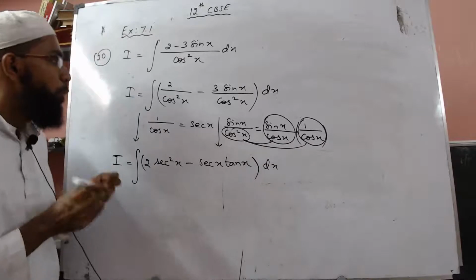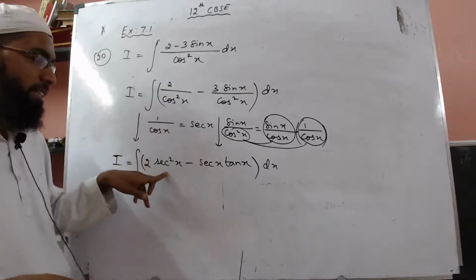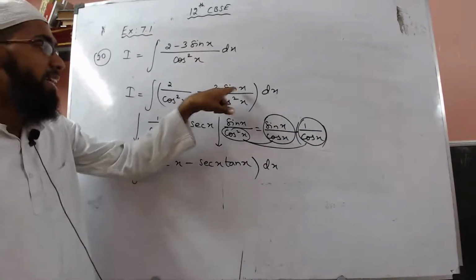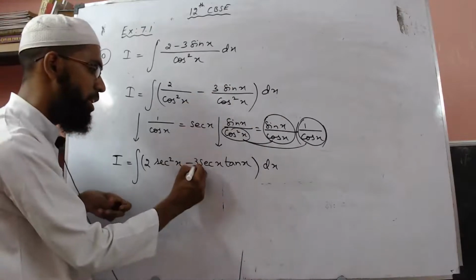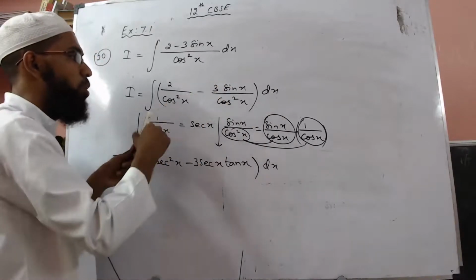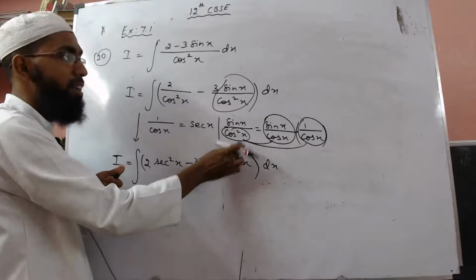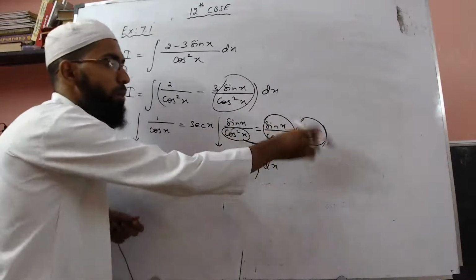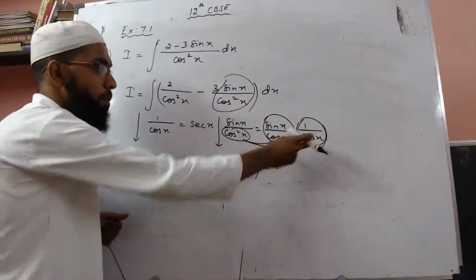Let me repeat: 2 into 1 by cos square is 2 secant square x, minus 3 into sine by cos square, which is sine by cos into 1 by cos. Sine by cos is tan, 1 by cos is secant.